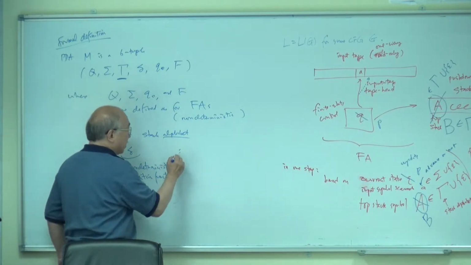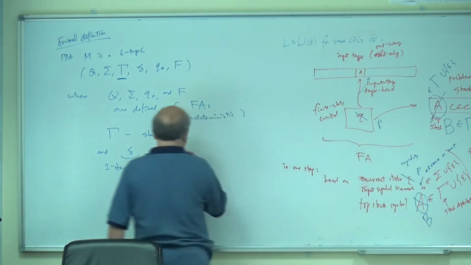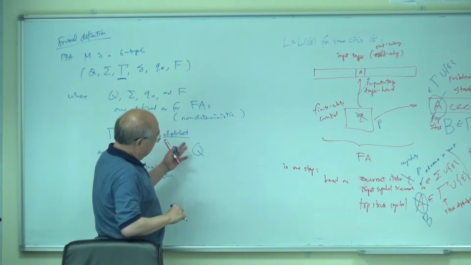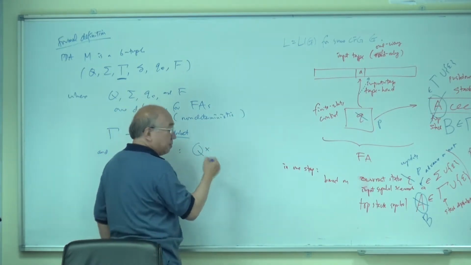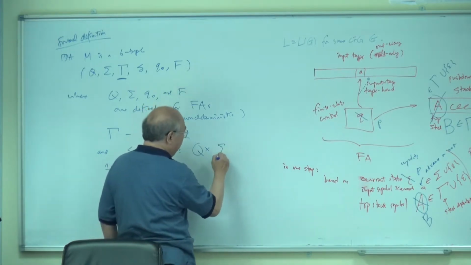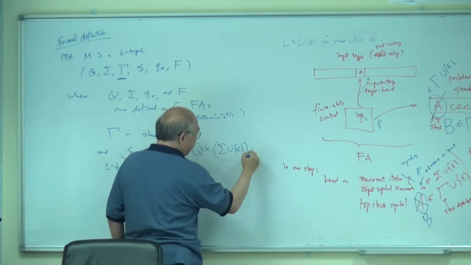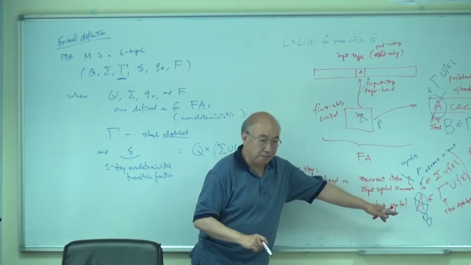The domain is that we have to identify three things, right? Well, you give me the current state, and you give me the symbol that you are scanning that includes epsilon, so sigma union epsilon, and then we have to know the top stack symbol.